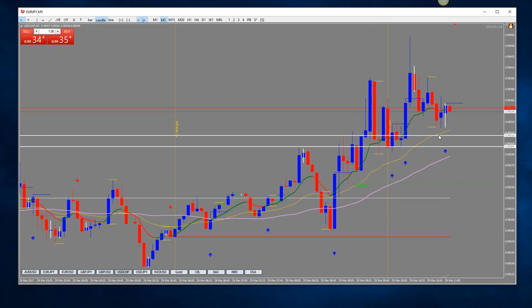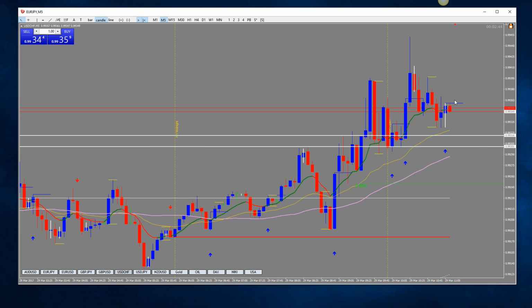Anyway, we had marked these levels down here, and it had come down and almost hit those levels. So we had a break below the 10, and a close right here. This is my close above the 10. This tells me for the next 3 candles I can take this trade.